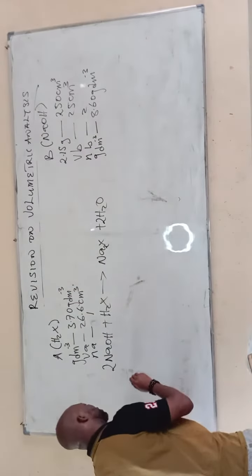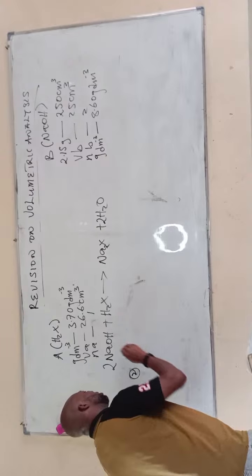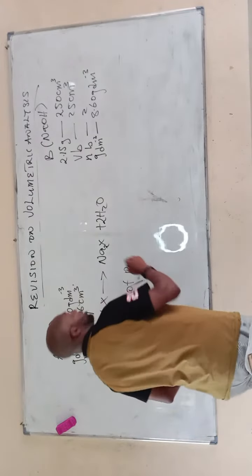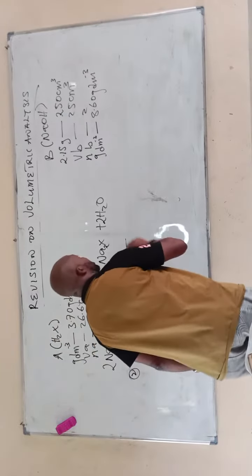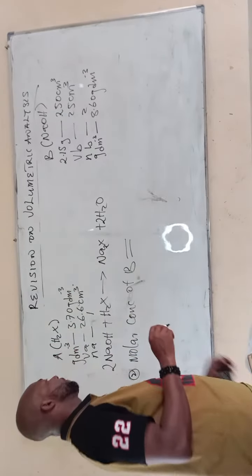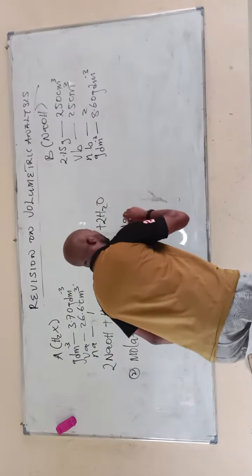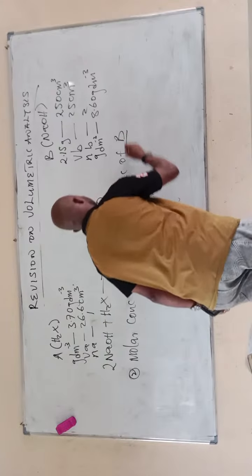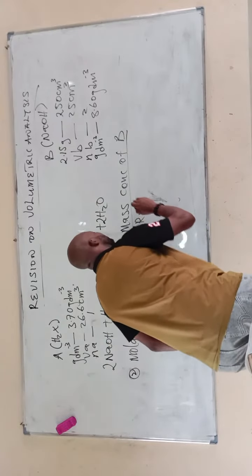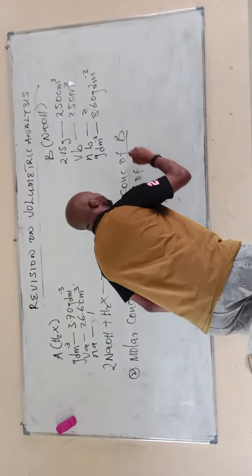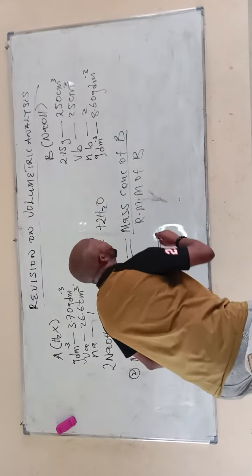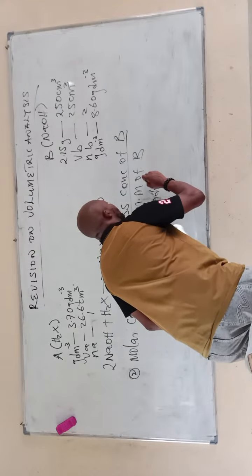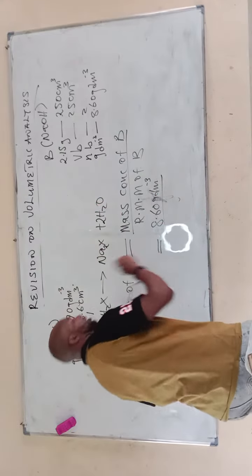The main question now comes. Molar concentration of B can be gotten by saying mass concentration of B over relative molecular mass of B. And mass concentration of B is 8.60 g/dm3, over the relative molecular mass, which is 40.